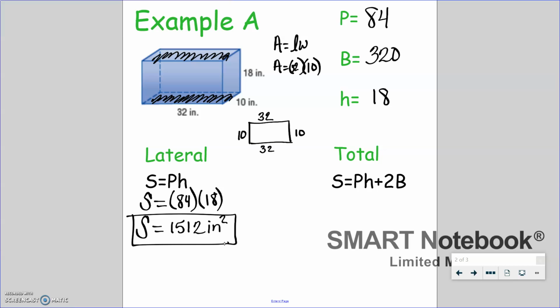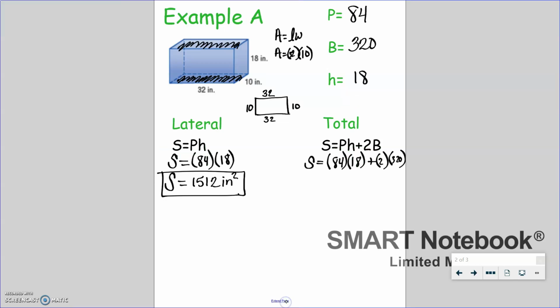Now we're going to go in for our total surface area. So we have our total surface area is perimeter of the base, which is 84, times the height of the prism, which is 18, plus 2 times area of the base, and the area of the base is 320. We already know that 84 times 18 gives us 1,512.